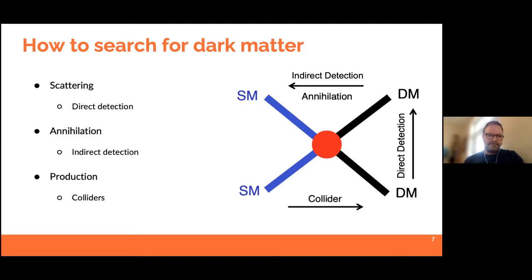Another way, which is going to be the second part of my talk, is annihilation, and this is what we call indirect detection. I believe you've already had talks about dark matter production at colliders, and presumably mostly in the context of supersymmetry.